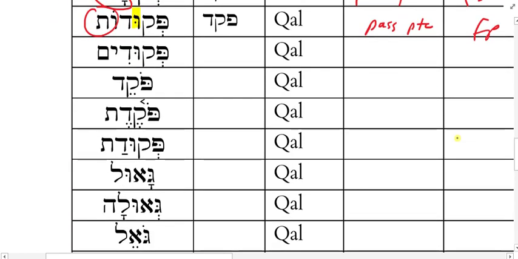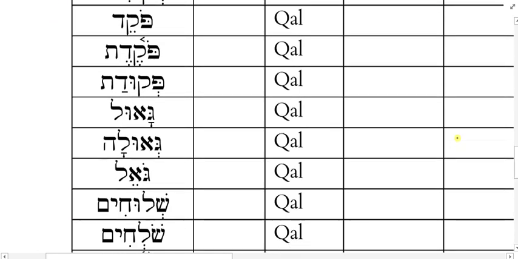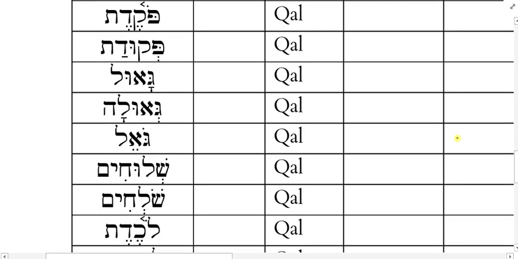Now, let me just real quickly ask you to look at ga'ul. Ga'ul. What are my root letters for ga'ul? Gimel, aleph, lamed. All right, good. And I have the long A under root 1, short with root 2.